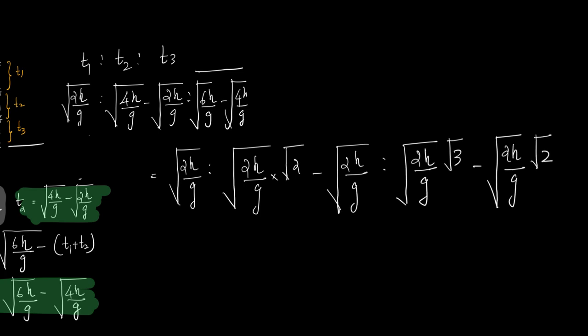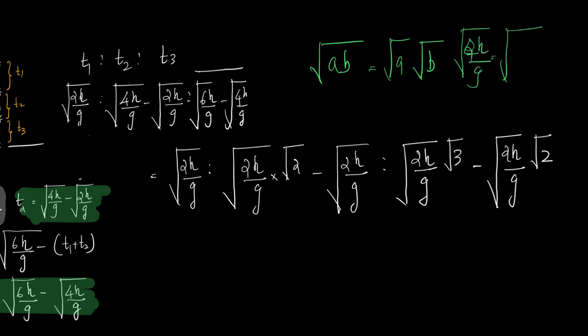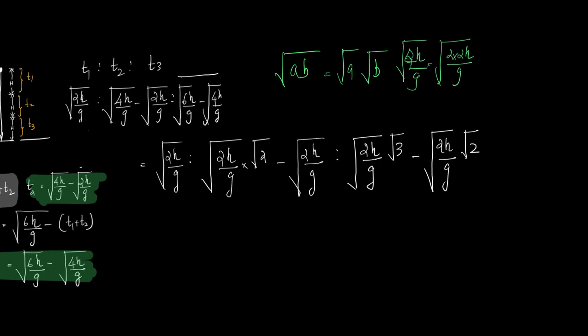Okay. Why did I write like this? See, it's very simple. Root AB is equal to root A into root B. So root of 4h by g can be written as root of 2 into 2h by g, which can further be written as root of 2 into root of 2h by g.